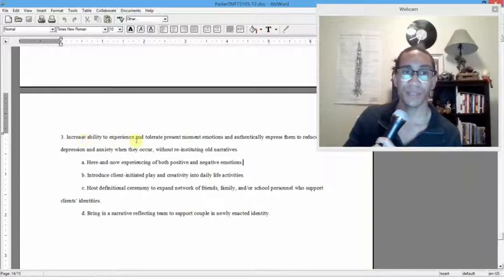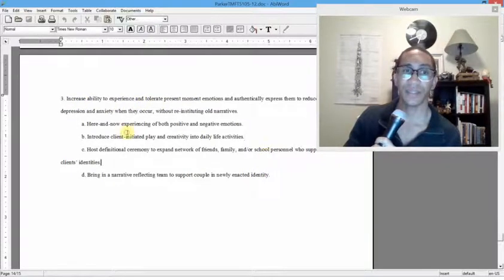Introduce client-initiated play and creativity into daily life activities. I think Nathaniel's got quite a bit of that, but I think that he could do a little bit more.